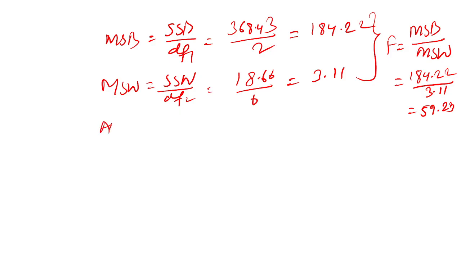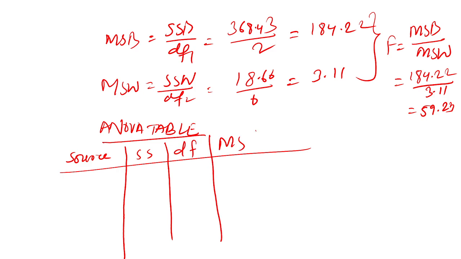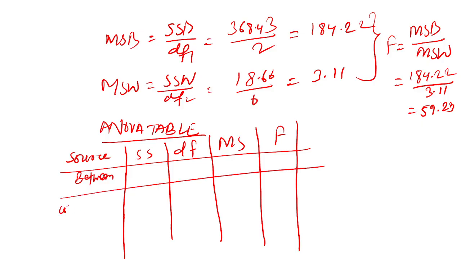Now we'll go with the ANOVA table. First column will be source, then SS, then degree of freedom, MS, that means mean square, and F statistic. This is the between. Then this one is within, then total.